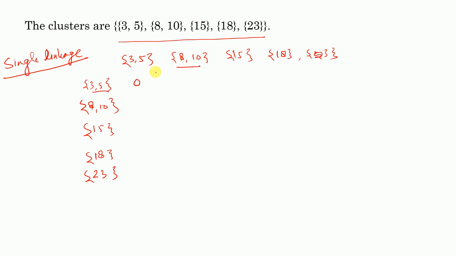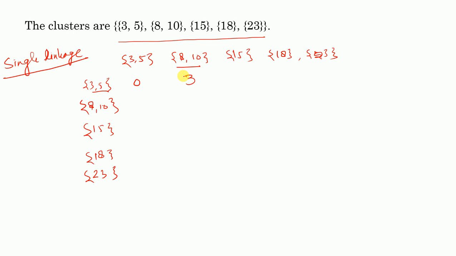If you are making a program, then you need to calculate the distances for every pair of elements. But if manually, simply, as I need to calculate the minimum distance, here the maximum point is 5 and the minimum point is 8. Obviously the minimum distance will be the difference between the highest point of this one and the lowest point of this one. So the difference between 5 and 8 is 3.